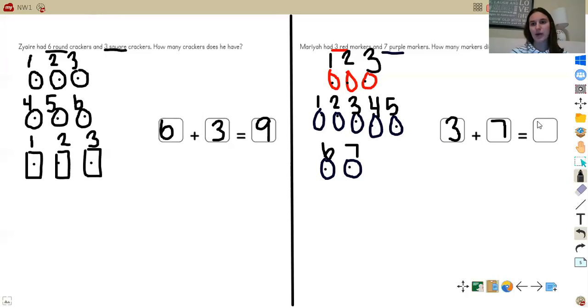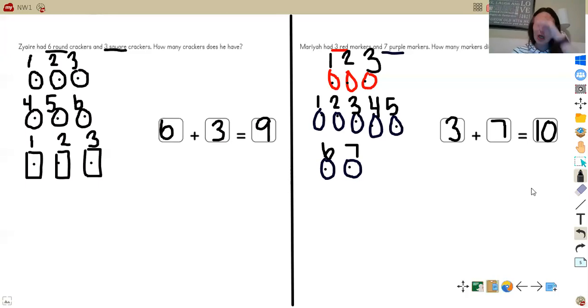So all together Mariah has 10 markers. And I see that when you put 3 and 7 more, you get 10. So 3 and 7 more make 10, or 3 plus 7 equals 10.